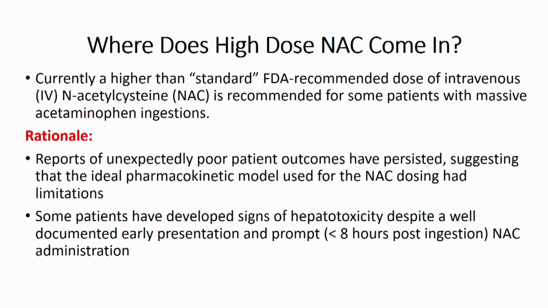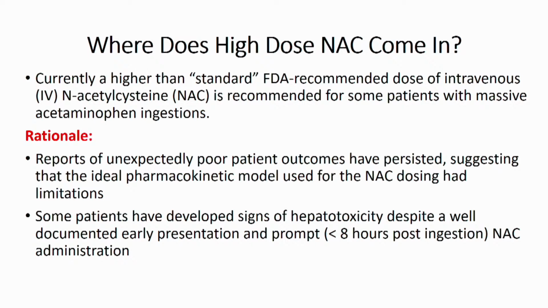There have been reports of unexpected poor patient outcomes, persisted poor outcomes, suggesting that maybe the ideal pharmacokinetic model used to come up with the Rumack-Matthew nomogram and the dosing of NAC has limitations. Okay? There are also patients who have developed signs of hepatotoxicity despite a well-documented early presentation and prompt administration of N-acetylcysteine.